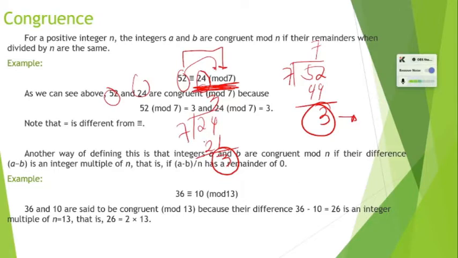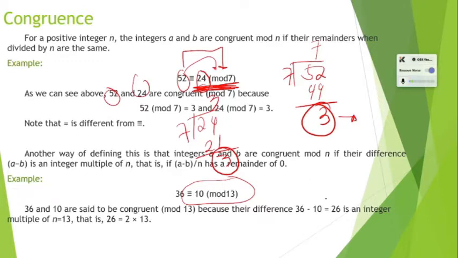So, another way of defining that is that integers a and b are congruent mode n, and their difference a minus b is an integer or multiple of n. That is, if a minus b over n has a remainder of 0. So on this one, let's have this example. 36 and 10 are said to be congruent on mode 13 because their difference is 26.